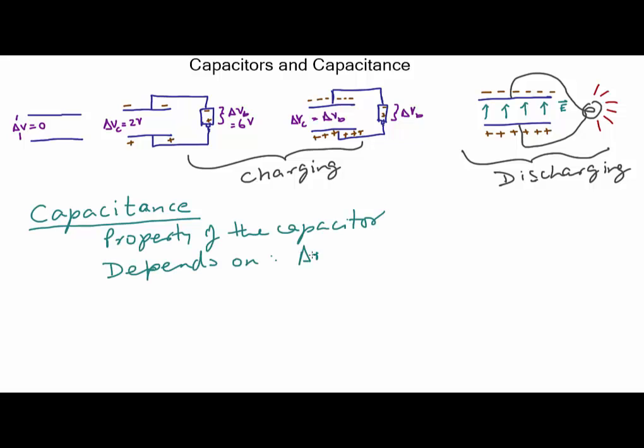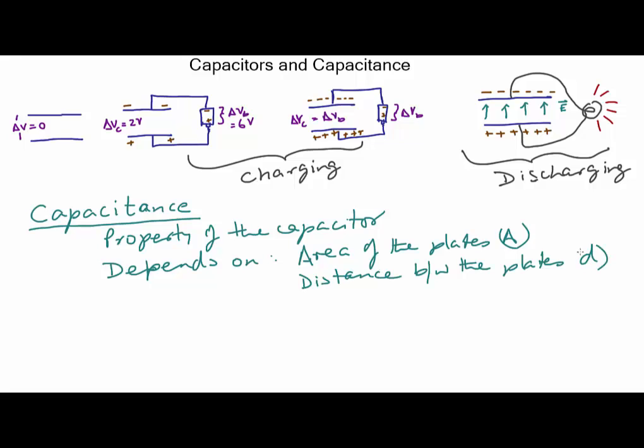It depends on the area of the plates, and we call this A. It depends on the distance between the plates, and this is called d, lowercase d. And it depends on the material between the plates, or more specifically, the dielectric constant of the material between the plates. In our example, we just had air between the plates, but you can fill that with any insulator.